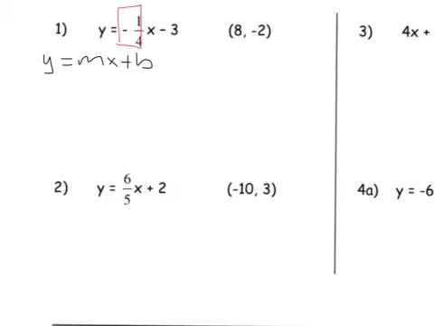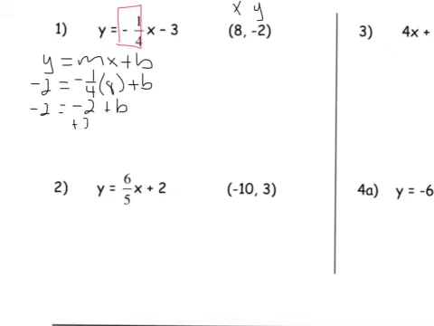So y is -2. That equals the slope, -1/4, times x, so times 8, plus b. -1/4 of 8 is -2. Oh, -2 plus b. Then we will add 2 to both sides, and this gives me 0 equals b.